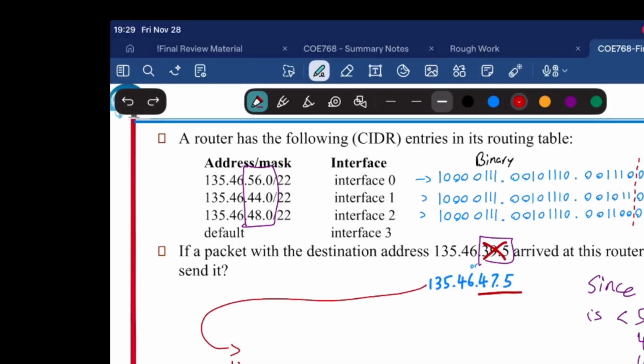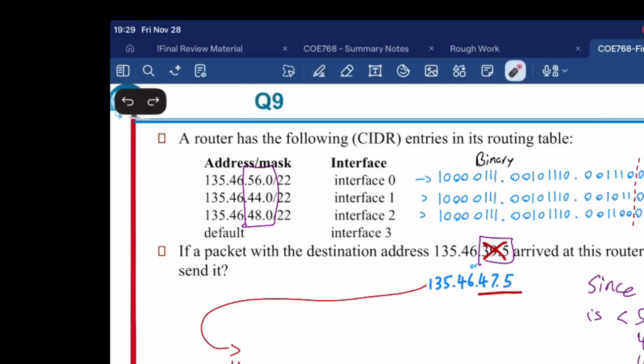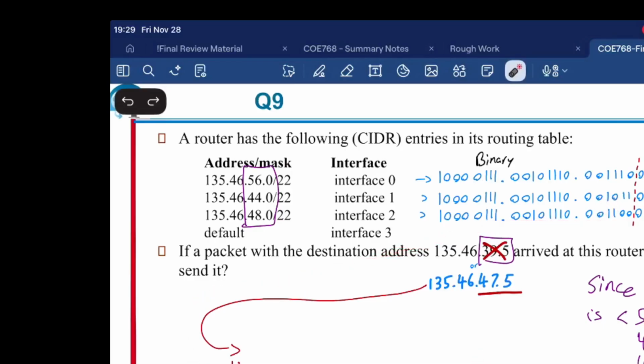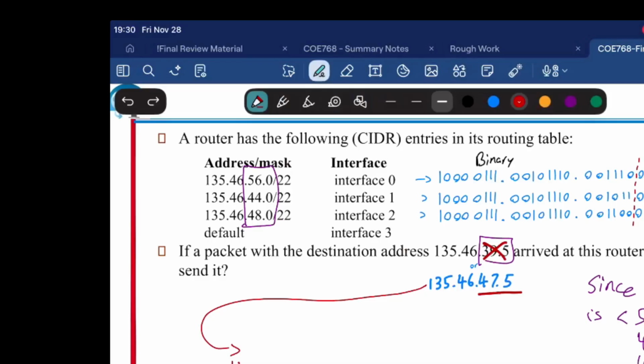And since this bit stream matches with our interface 1, so we have our 001, and then 101, 11, and these two match, we would be able to move on to the next step in determining whether or not this would actually be communicable.